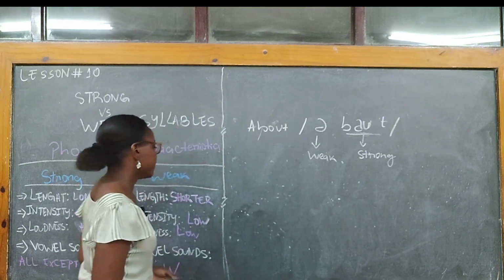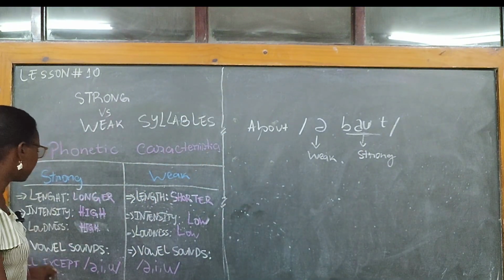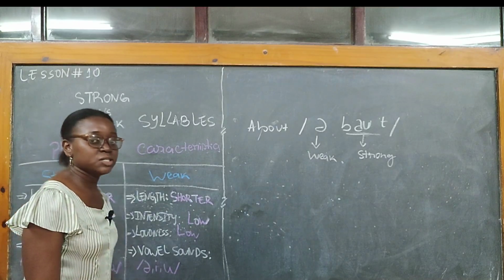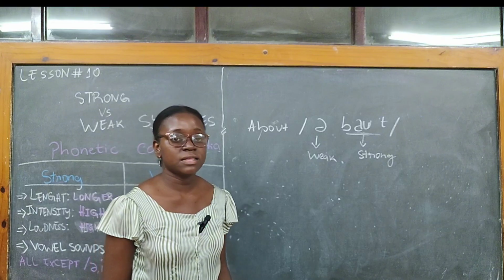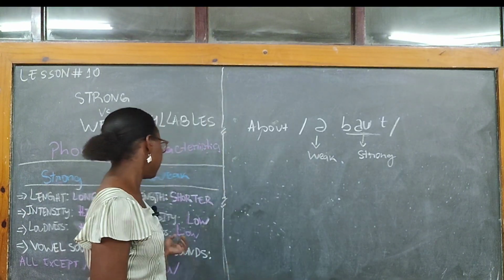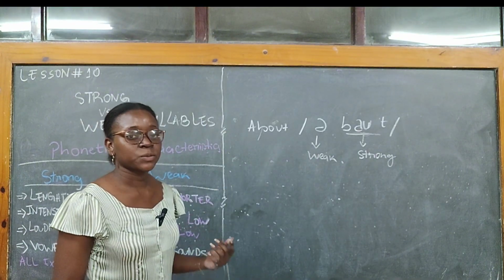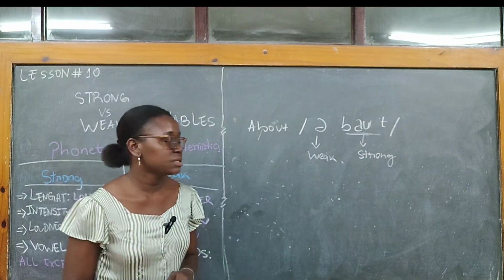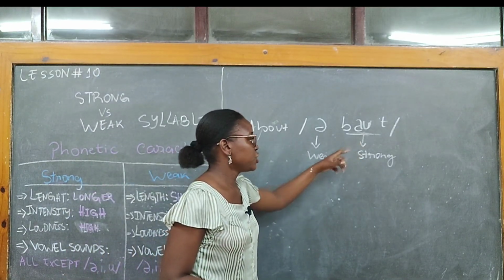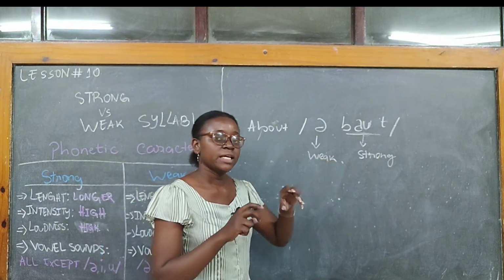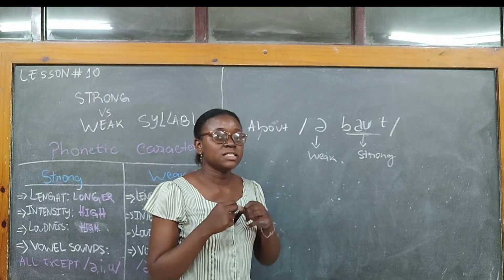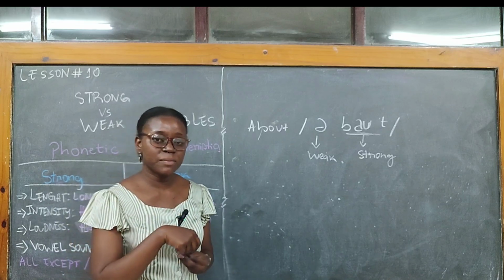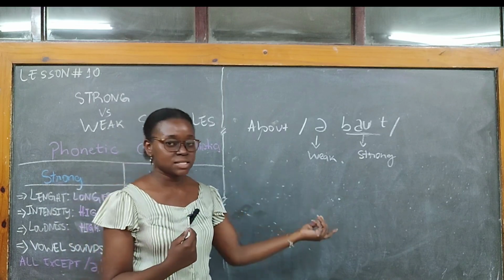Clear? Let's now go for another characteristic, which is intensity. The intensity in strong syllables is higher. They are more intense than the weak syllables, which means that, let's go again for the word about. The pronunciation of this syllable is more intense in terms of the effort that we have to put up to pronounce that sound.